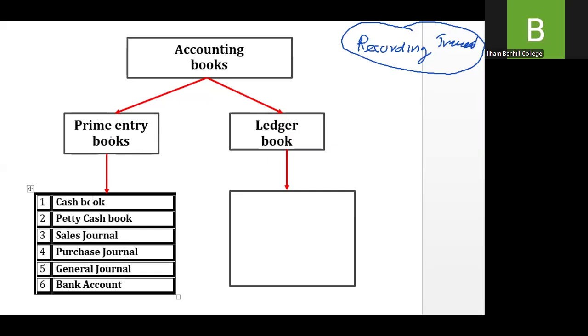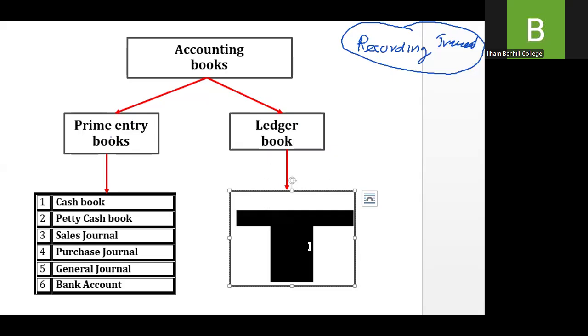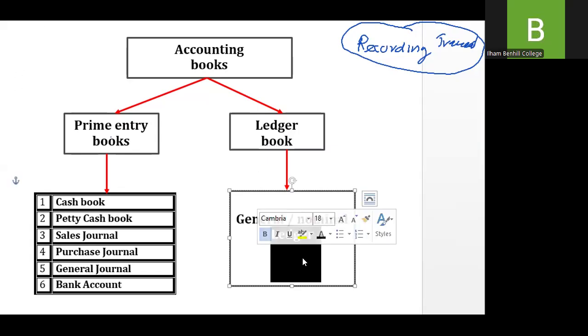According to your syllabus, these are the prime entry books. When it comes to the ledger book, I told you that for O level we have only one ledger book, otherwise we would have to say ledger books. That ledger book is called the general ledger, or we call it the nominal ledger.